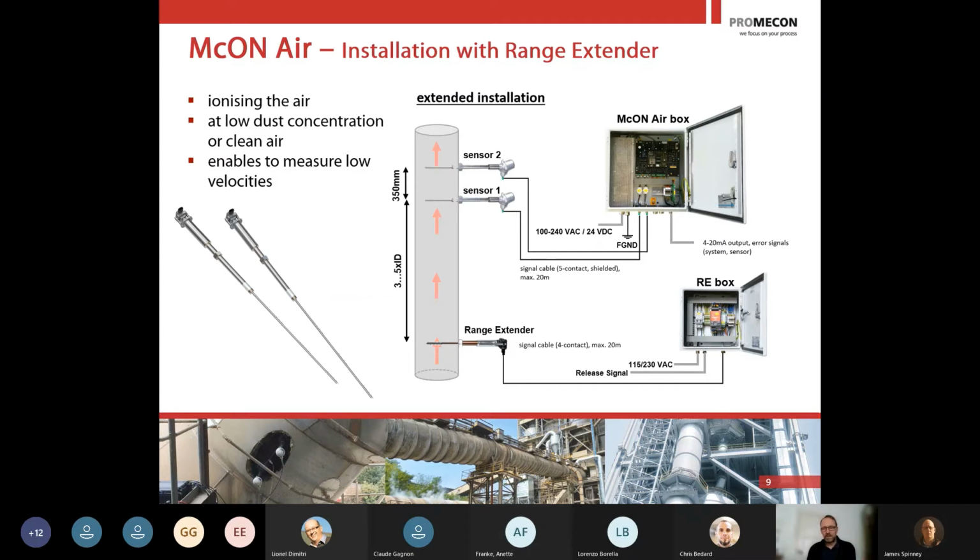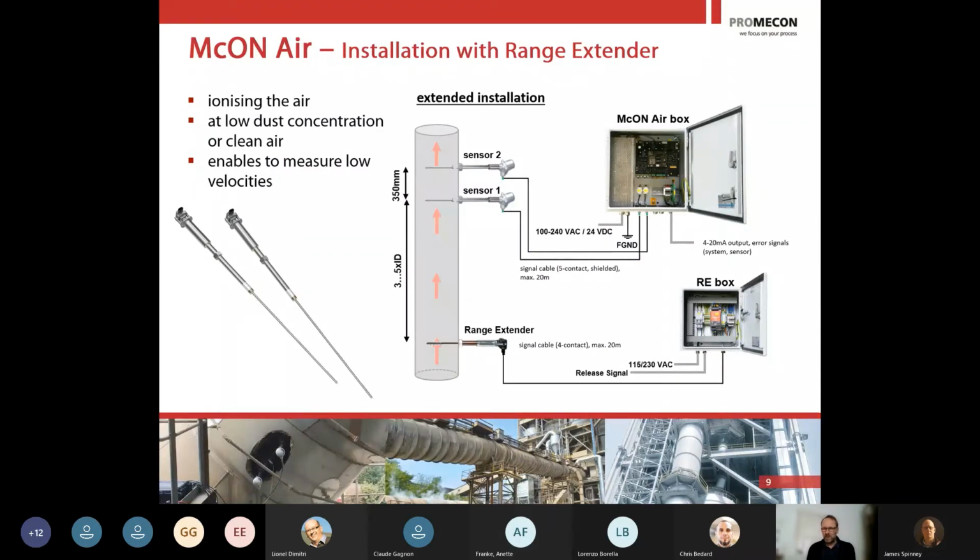It is basically a high voltage source which is ionizing the air, and once you have the ions in the air flying with the same velocity as your air, we get again an electrostatic flow pattern on the sensors, and we can use the same algorithm to evaluate the airflow.